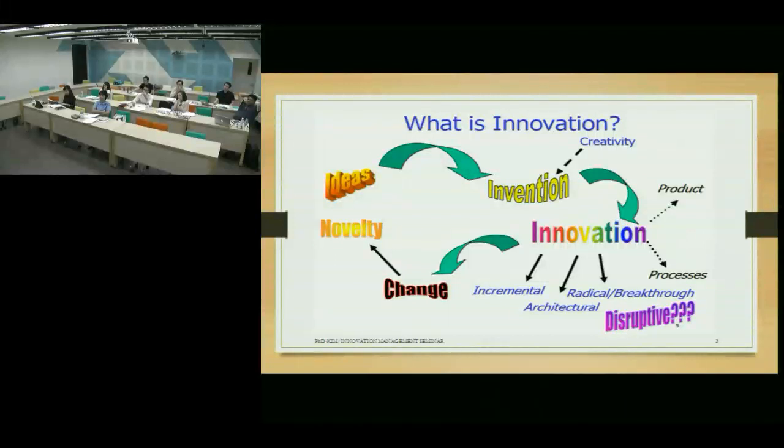And we're talking about processes as well as products, as well as architectural innovation, which is a different term for organizational innovation. We have discussed business model innovation, if you remember the other time.